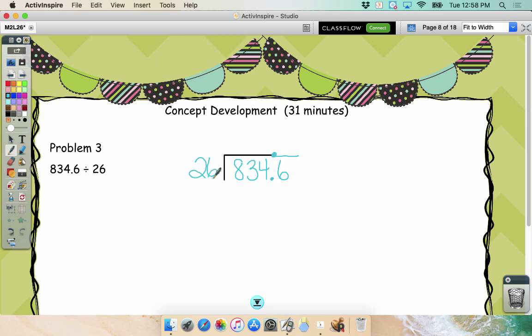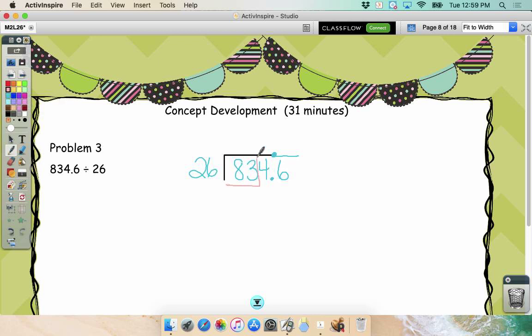And here's the deal, boys and girls. If I'm dividing by a whole number, so look where I'm pointing, my divisor, 26, does not have a decimal, then I get to move my decimal directly up and forget about it. Okay, just like earlier. And if it bothers you, then erase it, but make sure you got it on the top so you know where it goes in your answer, okay? Next step, where will I draw my box?